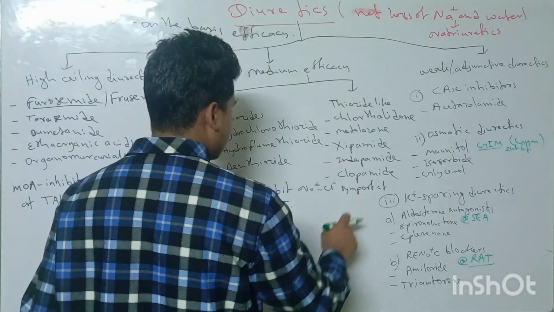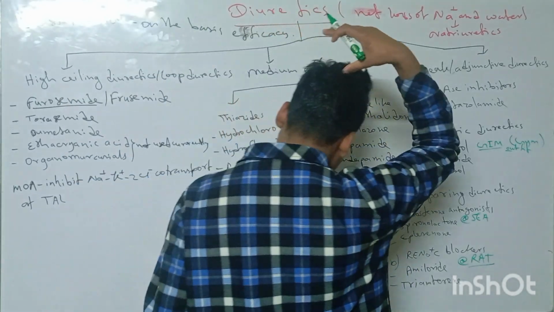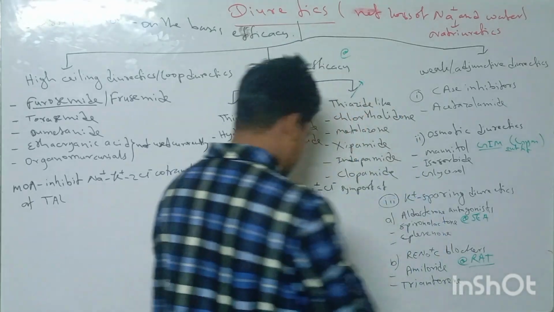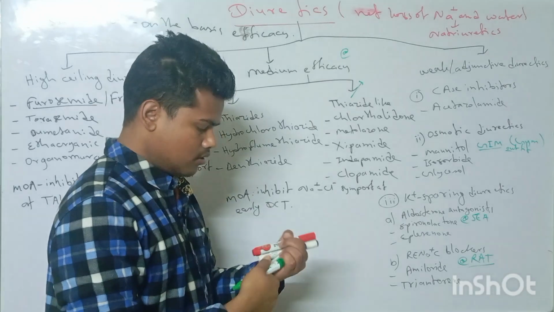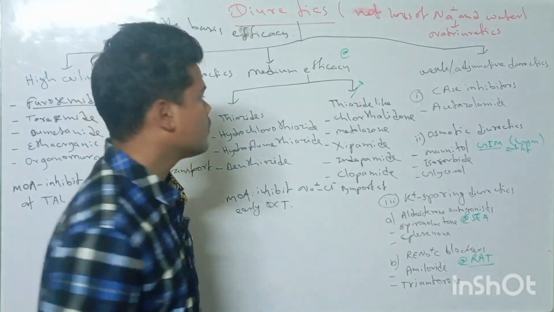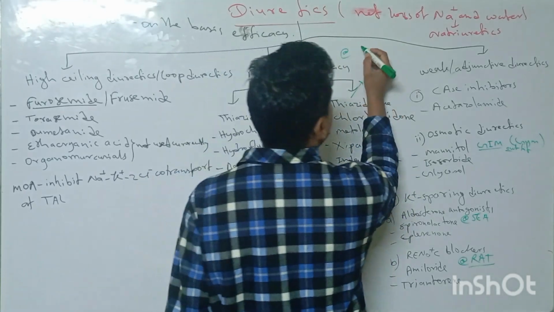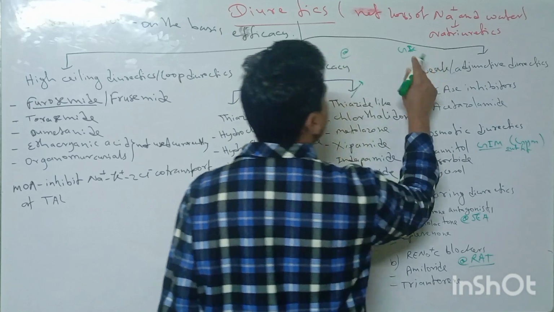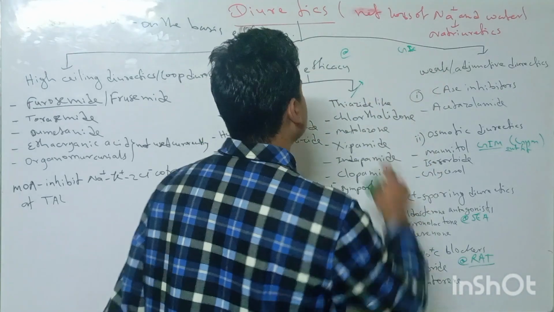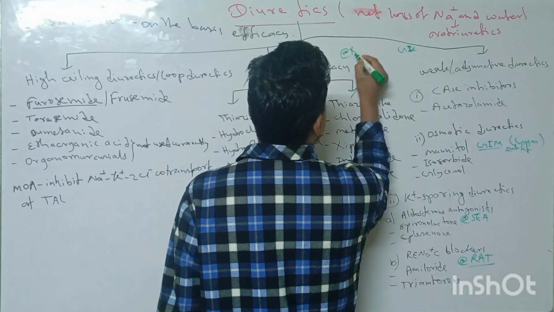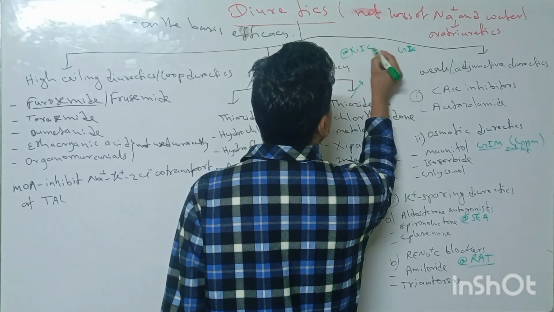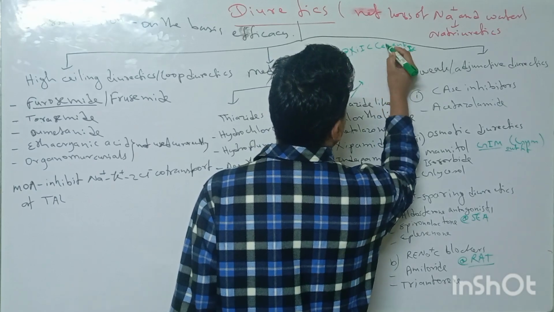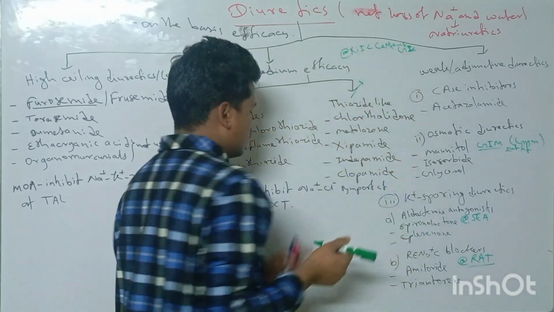And here these thiazides, remember as GIC. If you are a BDS student, you will know that for restoration there is something called GIC cement, glass ionomer cement. So remember GIC cement here.